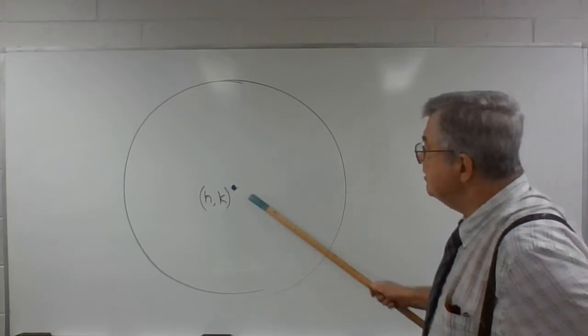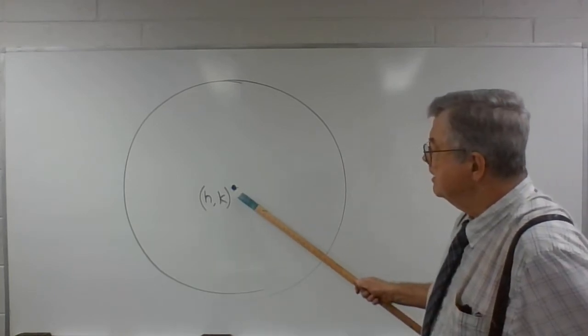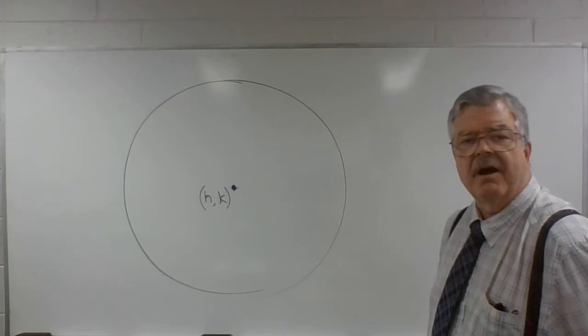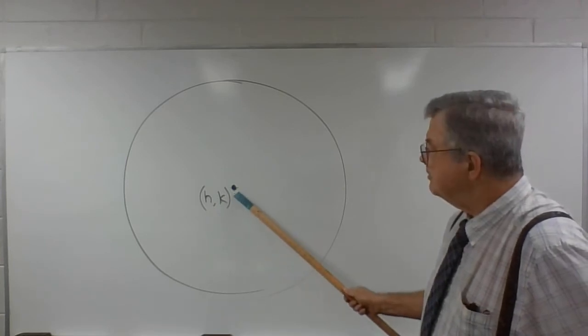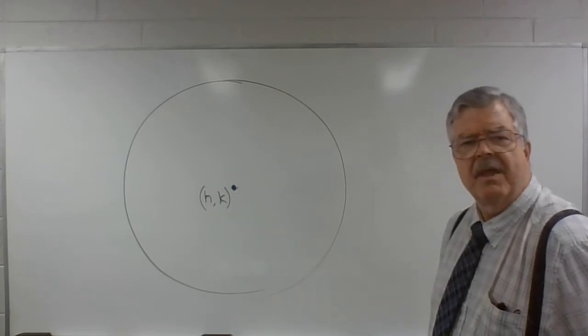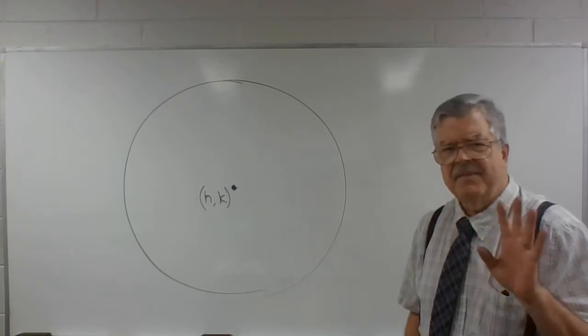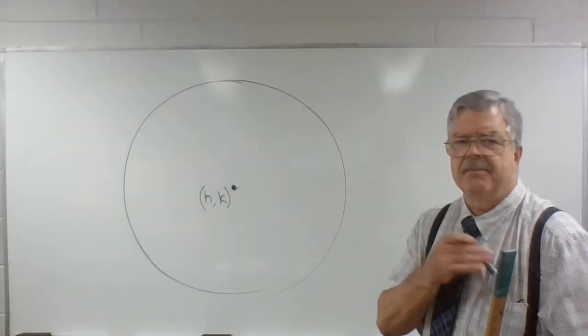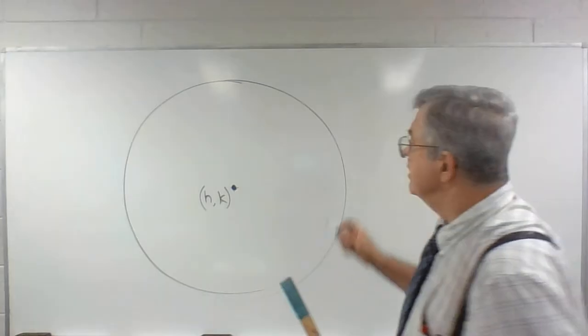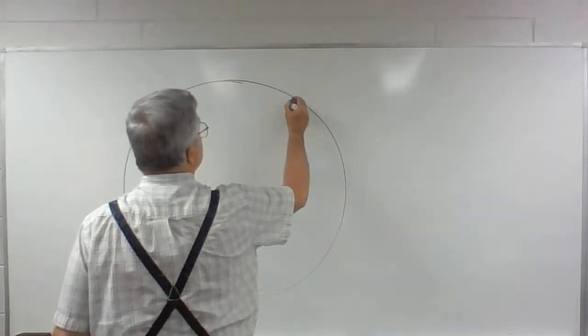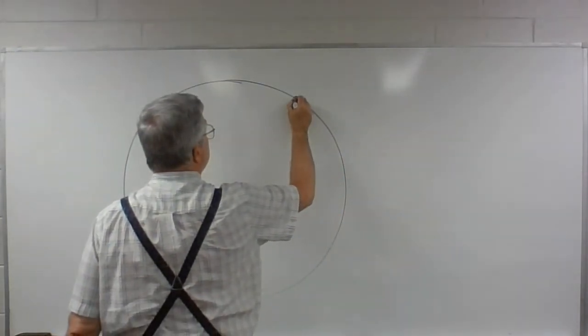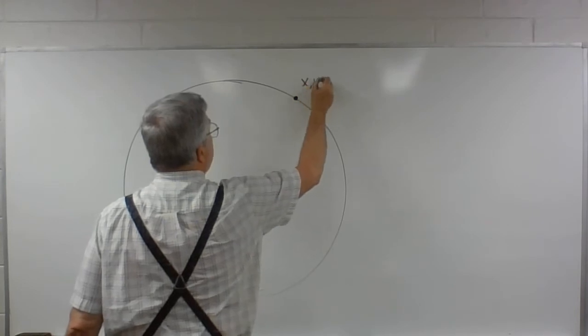Okay, here's our circle of radius r and center (h, k). And I'm going to pick at random some point on the circumference of the circle. I'm going to call it (x, y).